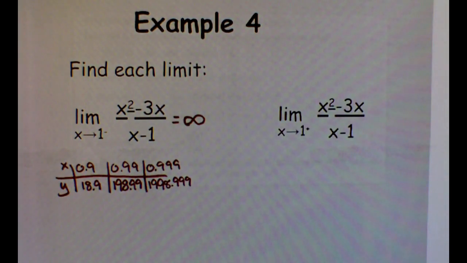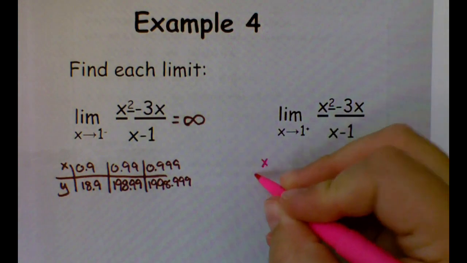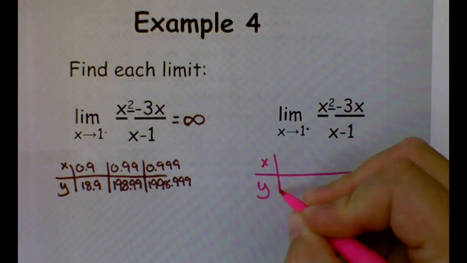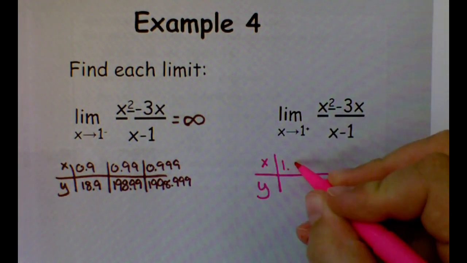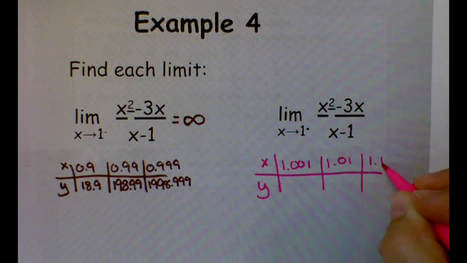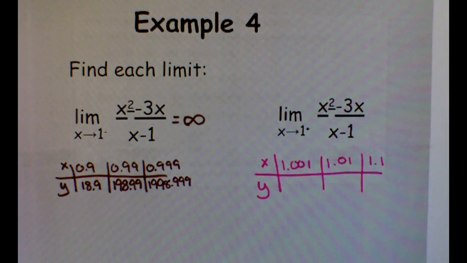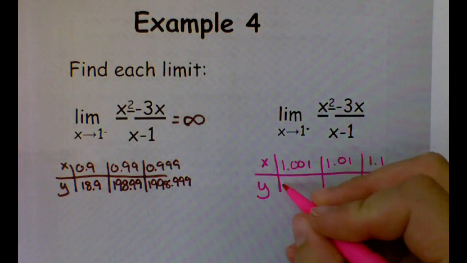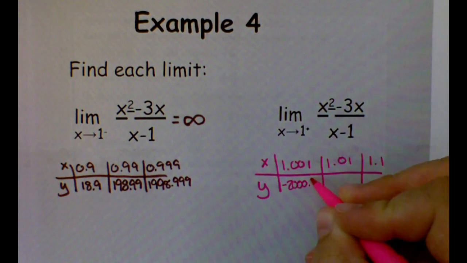Now I do from the right. Same function. I could choose values to plug into a table. I could do 1.001, 1.01, 1.1, and do the same thing. 1.001 gives me -2,000.999.